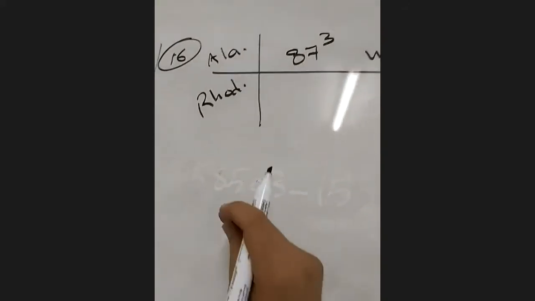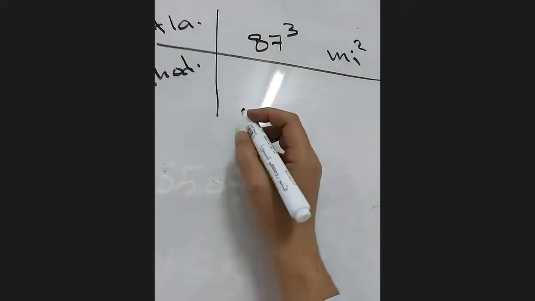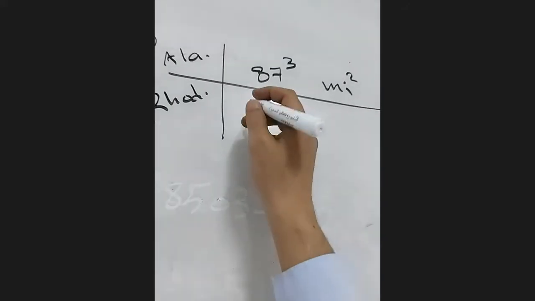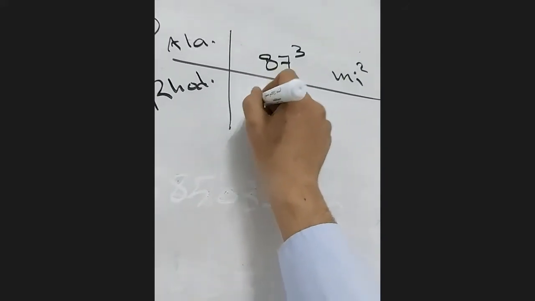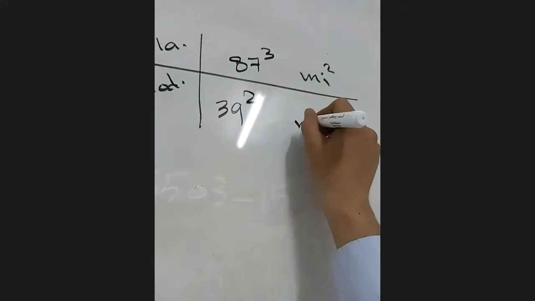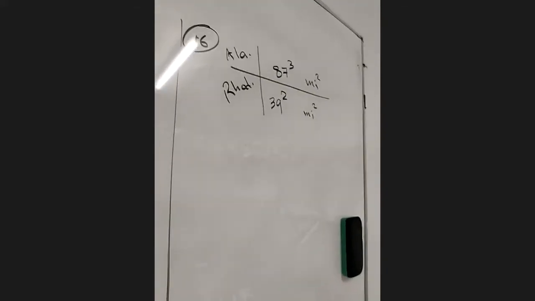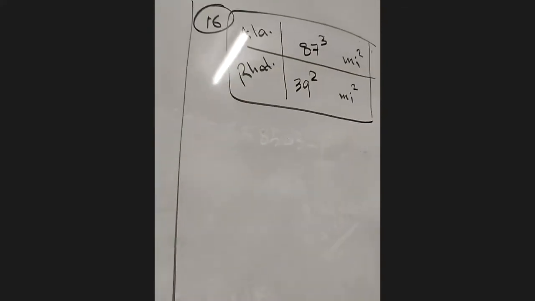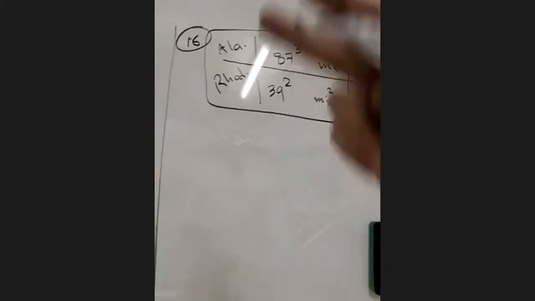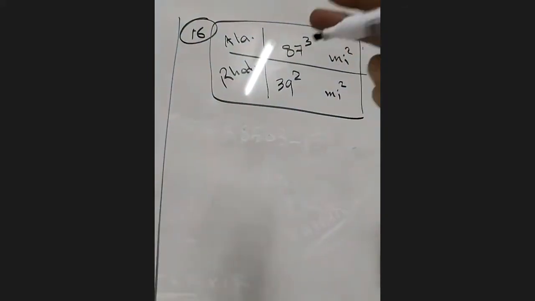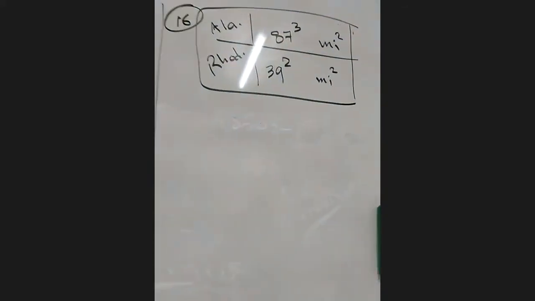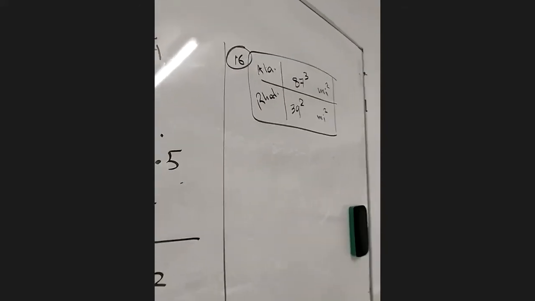How about Rhode Island? Rhode Island is 39 to the power of 2, also miles to the power of 2, right? Yes. So this is the table, guys, which is given in your question. The question talks about Alaska and Rhode Island, the largest and the smallest, and they want to compare between them. Continue reading the question.